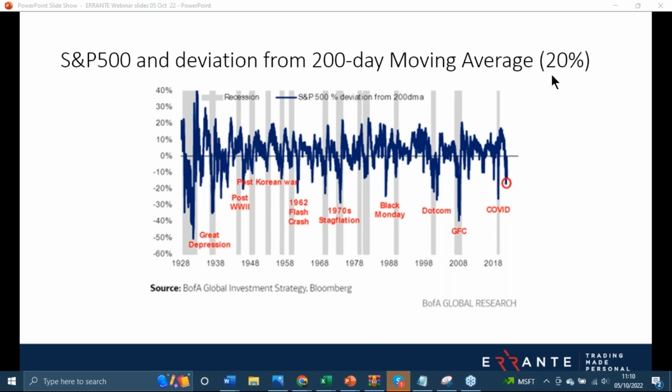You can see some of the previous crises and recessions in that light grey line. A 20% deviation has potentially been a key area where markets have bounced, other than in severe crisis periods where markets have moved way beyond that 20% marker.